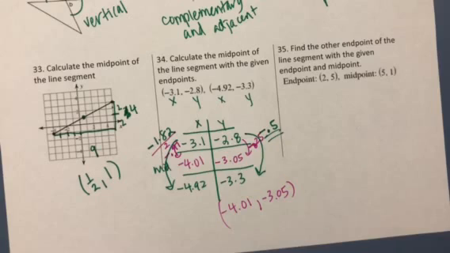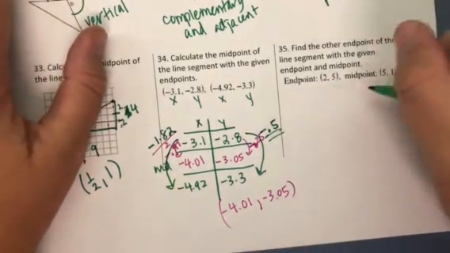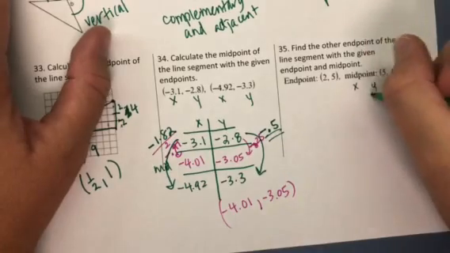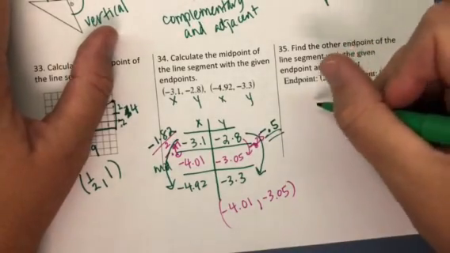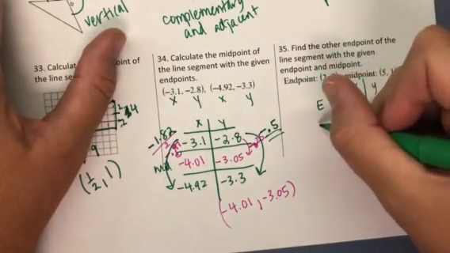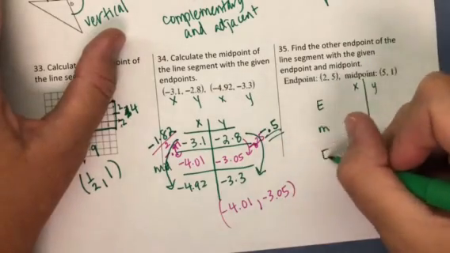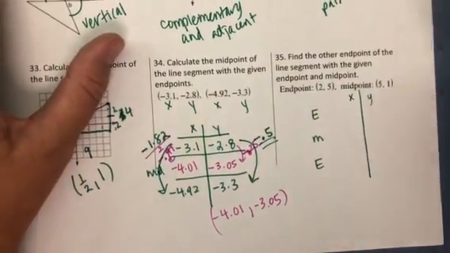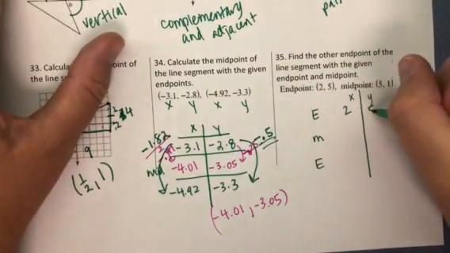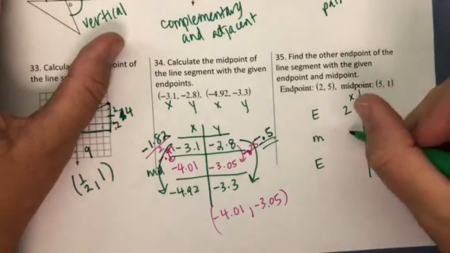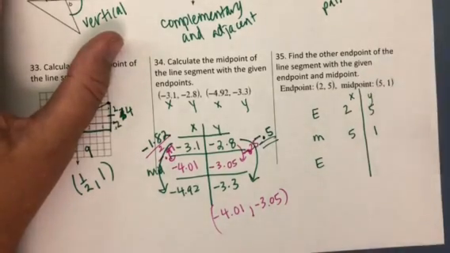All right, and then 35, going back to some nicer numbers, we are finding the other endpoint of a segment with the given endpoint and midpoint. I love the table method for this. So if I think about plugging these points into a table, I have an endpoint, a midpoint, and I'm going to find the other endpoint. So if my endpoint is at 2, 5, my midpoint is at 5, 1.